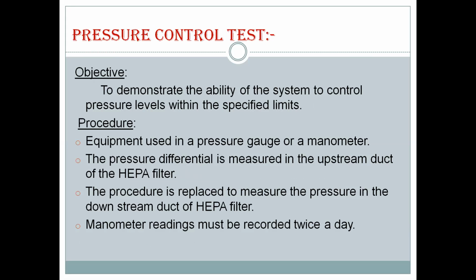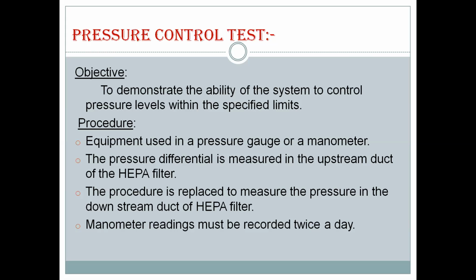And next is the pressure control test. In this case, the objective is to demonstrate the ability of the system to control pressure levels within the limits. What is the procedure involved? Equipment used is a pressure gauge or manometer. Pressure differential is measured in the upstream duct of the HEPA filter. Then measure the pressure in the downstream duct of the HEPA filter.